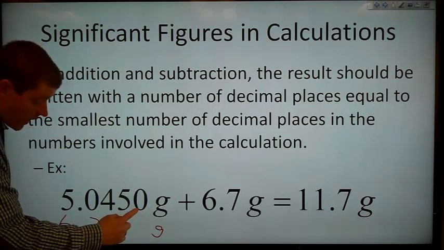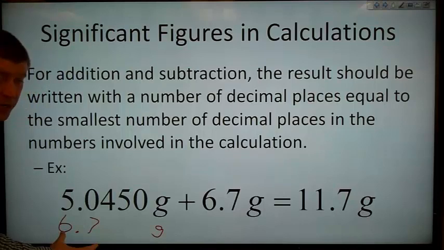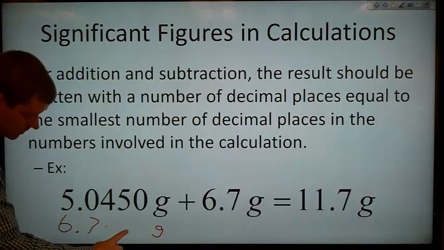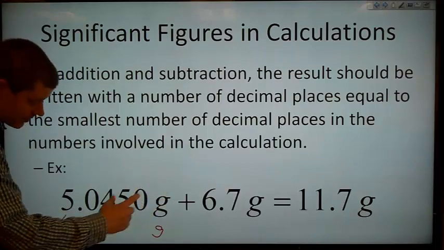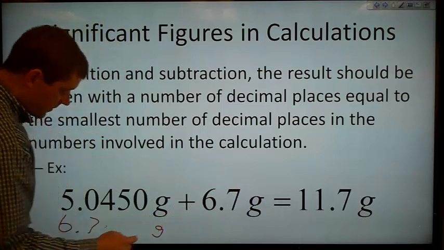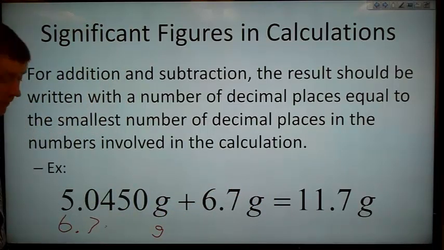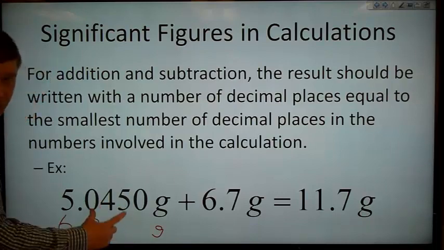So we know the top number to significantly greater precision, significantly less uncertainty, than the bottom number. But that means we don't know what these other digits are, so our answer doesn't make sense to say 11.7450, because we don't know what the rest of those digits really ought to be. We don't know what the sum is.